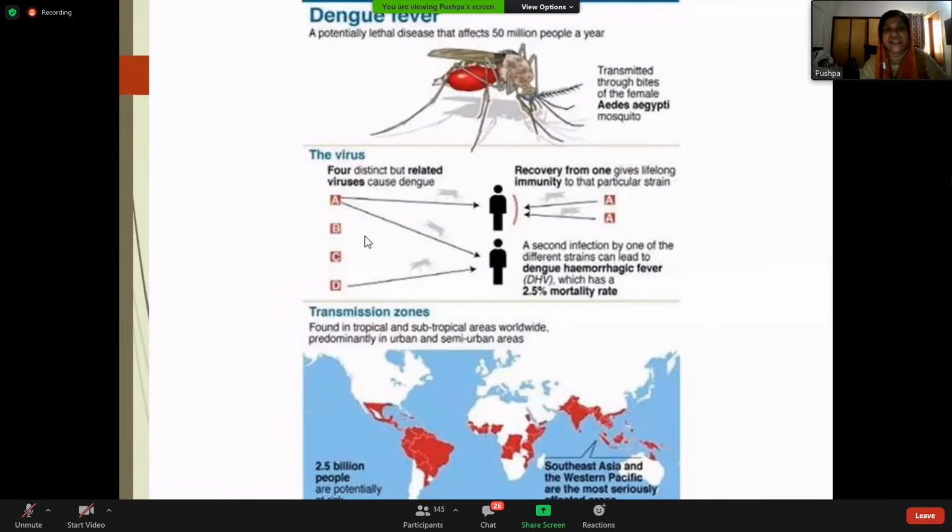This picture has labeled those 4 serovars as A, B, C, and D. Patient was infected with type A, and then again it was infected with type D. Because it's a different serovar, it will initiate or trigger an anamnestic or rapid response, and there will be cross-reacting antibodies which are responsible for massive hemorrhage and complications in this case.